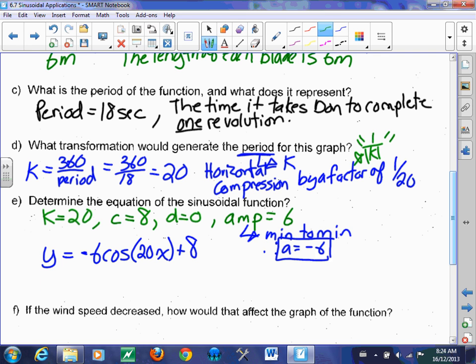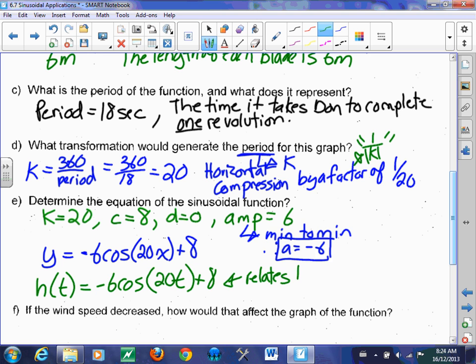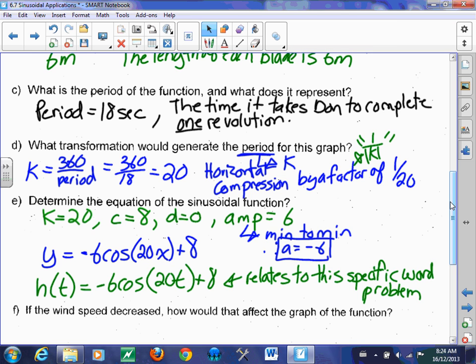So instead of y, we're going to have h at t, equals negative 6 cos 20t plus 8. And the reason I wrote it like this is because this relates to the specific word problem. So if you can, try to put it in with the measurements given there.